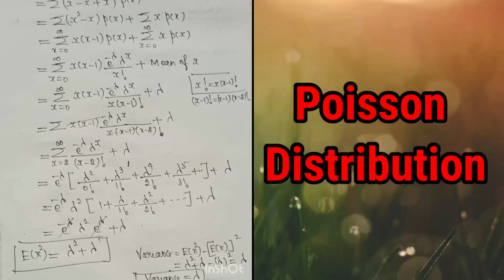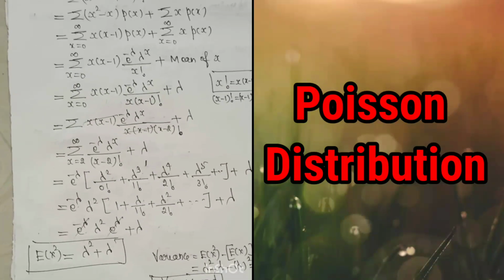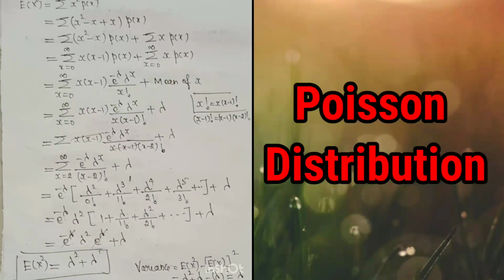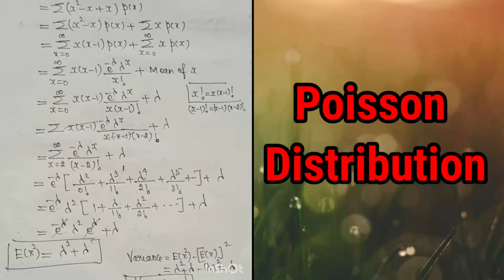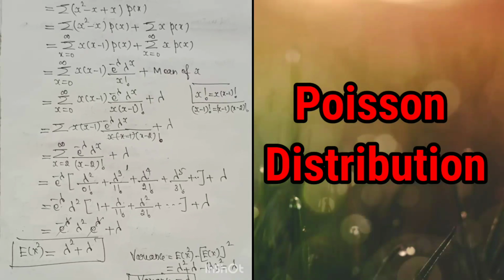That is, summation x equal to 0 to infinity x into (x minus 1) probability of x plus summation x equal to 0 to infinity x into p of x.